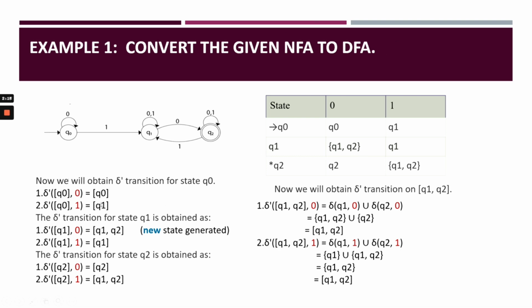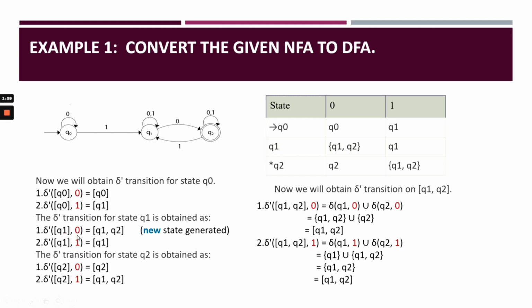Now let us see how to convert the NFA to DFA. Here, q0 comma 0 is q0. q0 comma 1 is q1. These already exist.